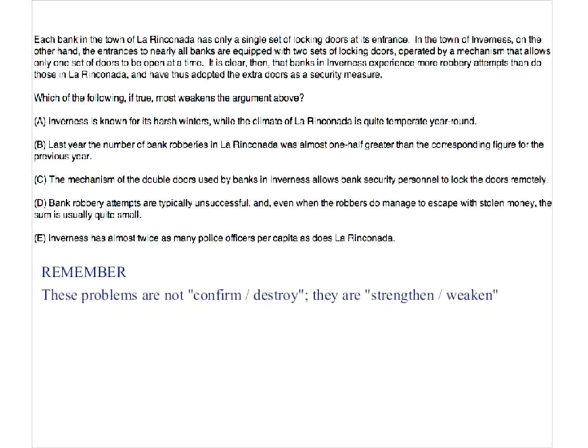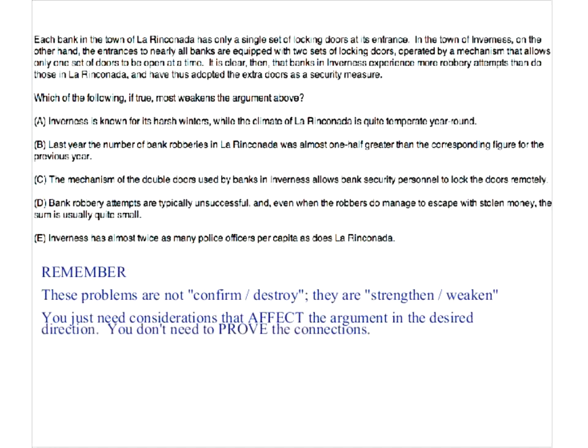You just need considerations that affect the argument in the desired direction. You don't need to prove the connections, or in other words, you're not confirming or destroying the argument.